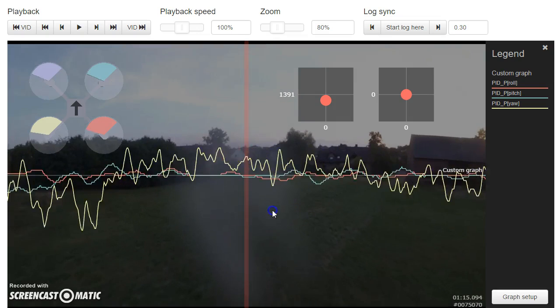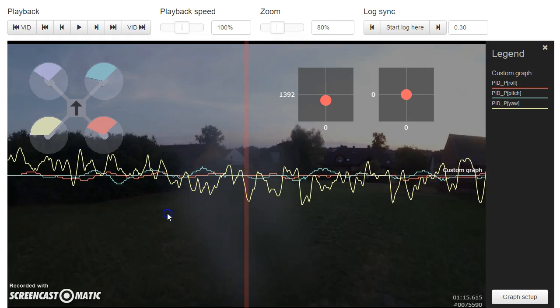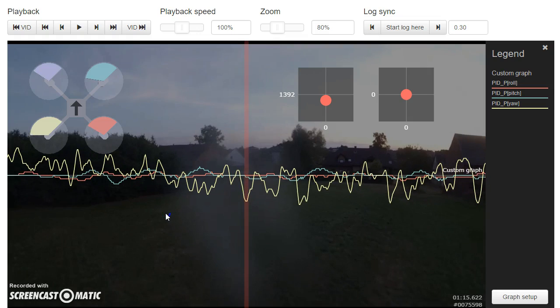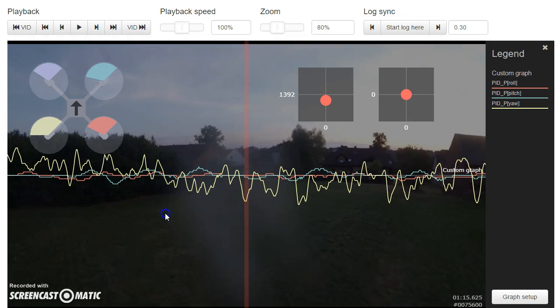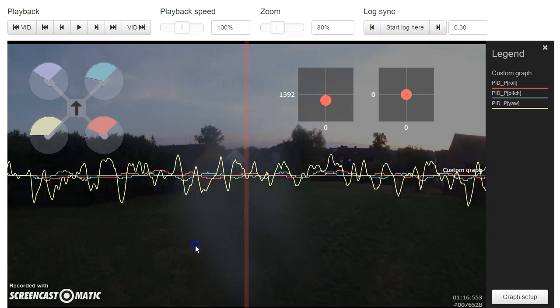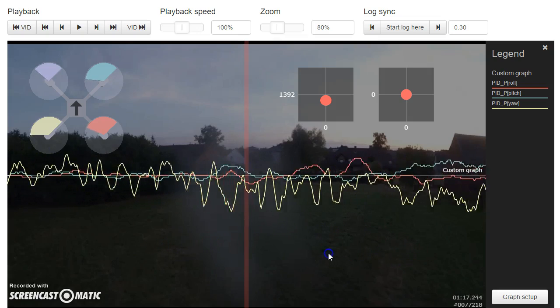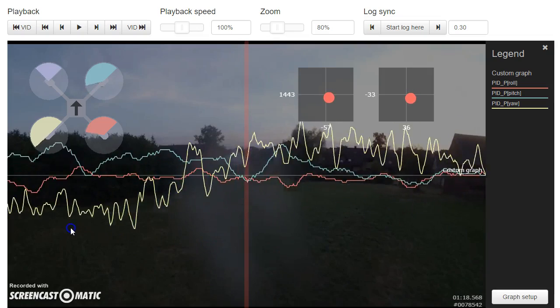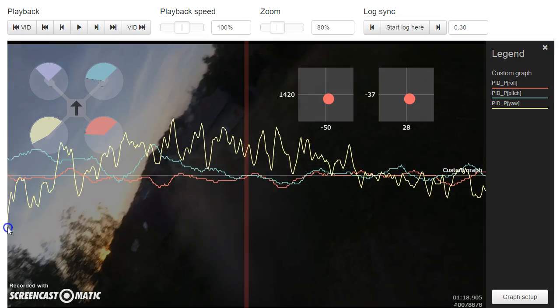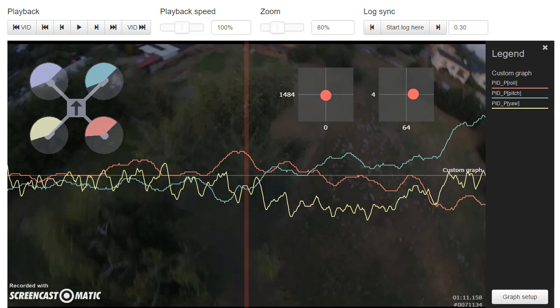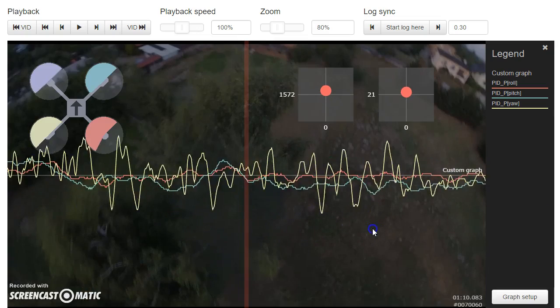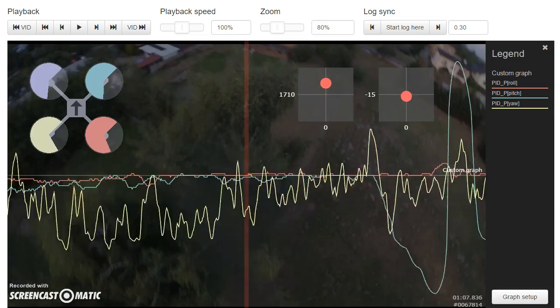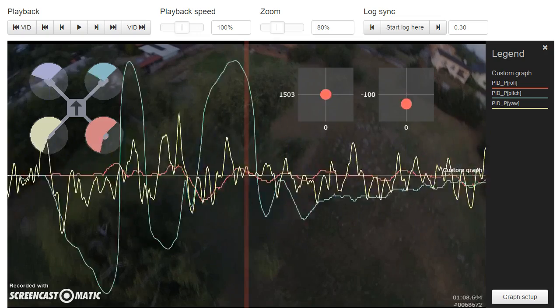Just looking at P, 2.5 is your P gain on yaw. That doesn't immediately strike me as excessive, but there is kind of a lot of jumping around on your yaw P, and I wonder if your yaw P is too high. I wonder if you've got too much oscillation on yaw P. I guess the question would be whether that's happening all the time or just during the period around 1:14. I don't know.